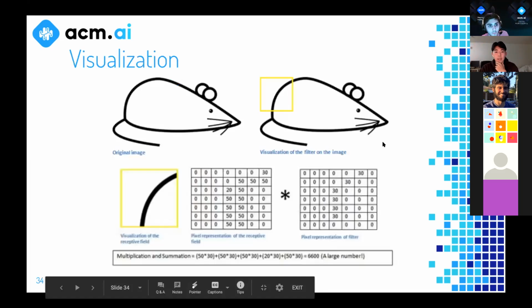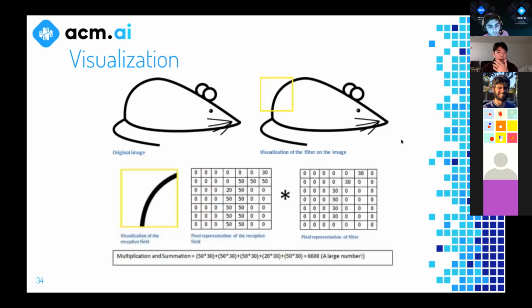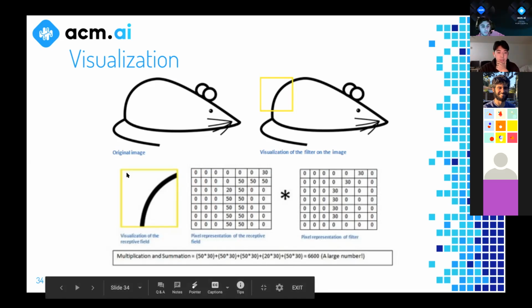Moving on, a quick visualization of how we can internalize and make sense of this filter. Say we have an image of this 2D grayscale mouse, and we're passing a filter through it, trying to glean some sort of semantic meaning. If we zoom in on this portion of our image, we have our local receptive field and our pixel representation.